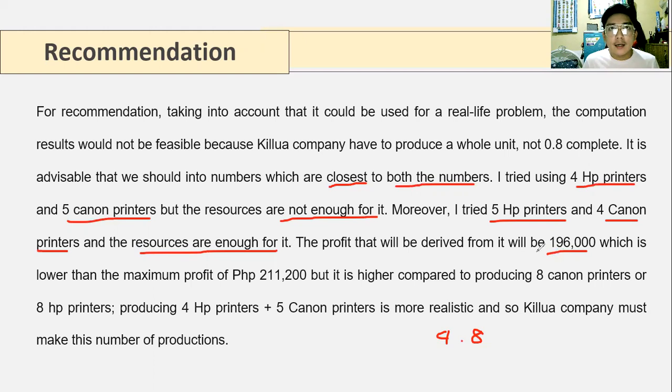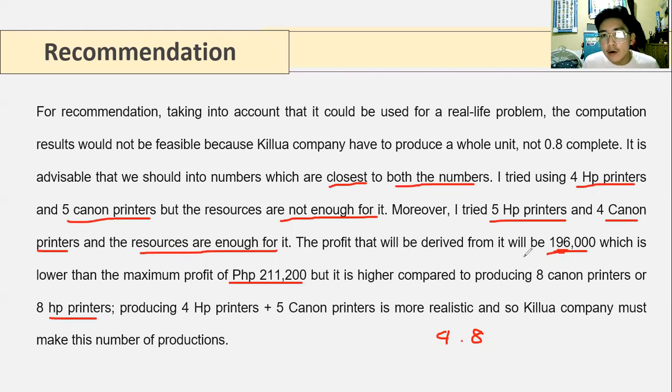It is substantially lower than the maximum profit of 211,200 pesos, but it is higher compared to producing 8 Canon printers or 8 HP printers. Producing 8 HP printers would just get us 160,000 pesos of profit. So this one is higher. And producing 8 Canon printers would get us 192,000 pesos. So this is still higher.